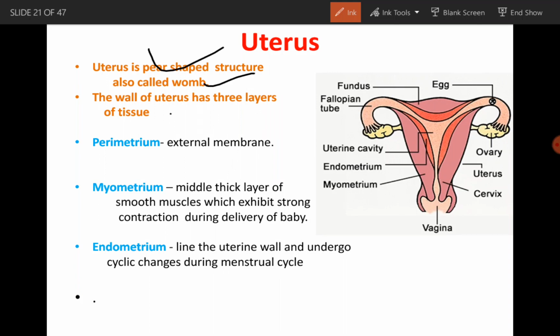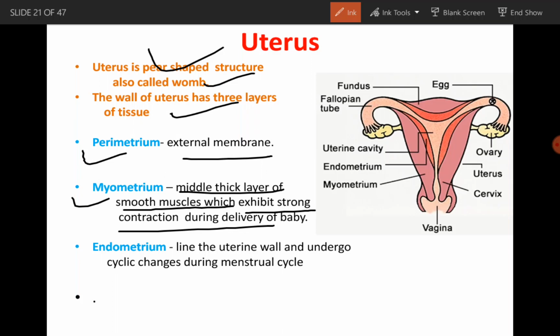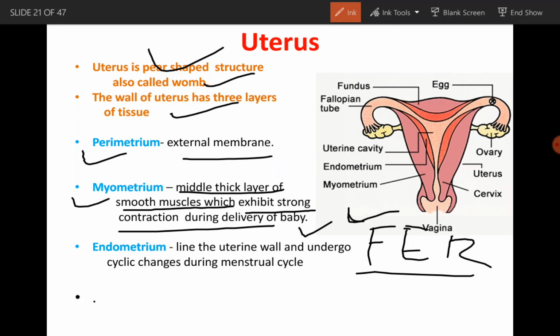So this is the structure of the ovary, which we already studied in a previous section, so there is no requirement for further discussion on it. Now the uterus is a pear-shaped structure, also called the womb.